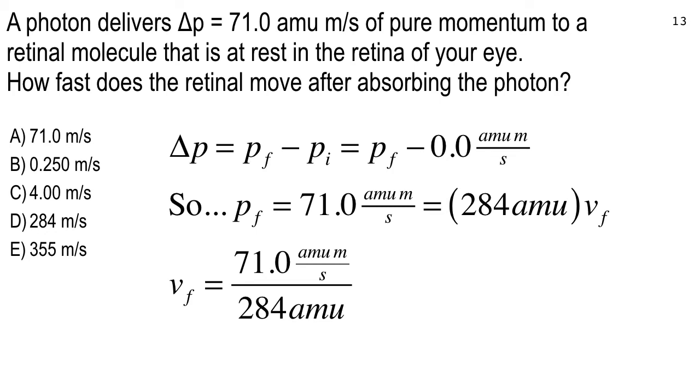And you can see that this one works out. I used nice round numbers because secretly I didn't want you guys to be tripped up too badly. 0.250 meters per second. So it's kind of poking along. The photon's going at the speed of light, has a certain amount of momentum, and the retinal molecule's pretty big, but you can measure that, 0.25.